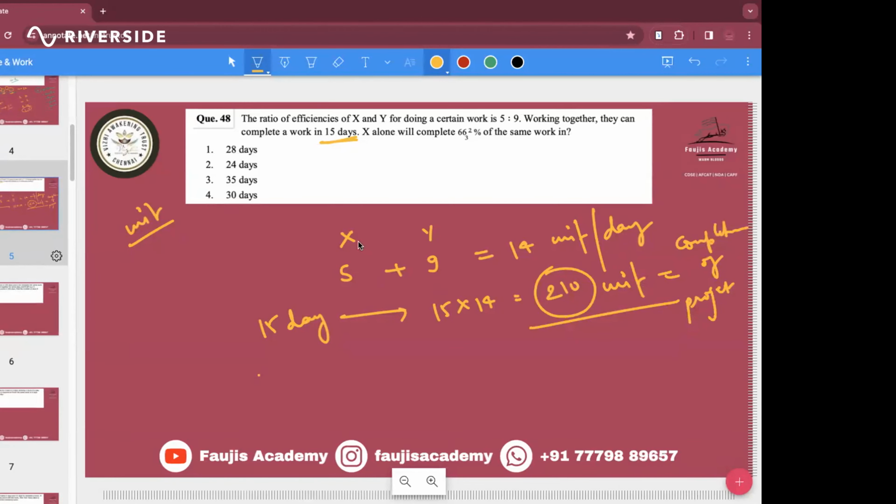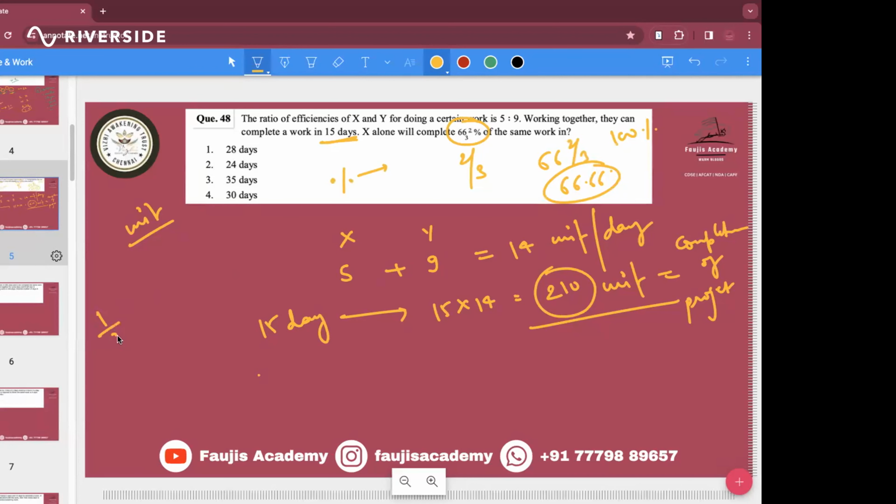So what they are asking: X alone will complete 66 and 2/3 percent. This percentage is called 2/3. I've told you guys in the beginning classes itself, to turn percentage into fraction and things like that. 66 and 2/3 is nothing but 66.66%.